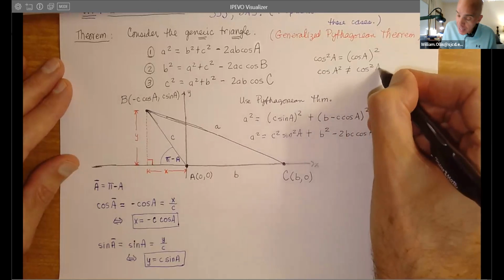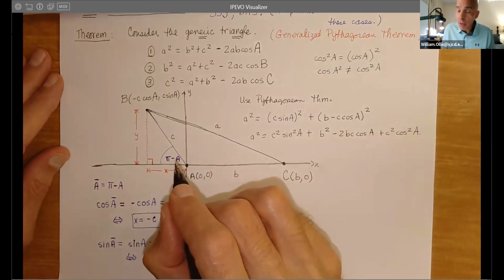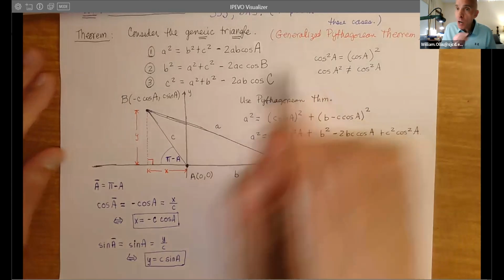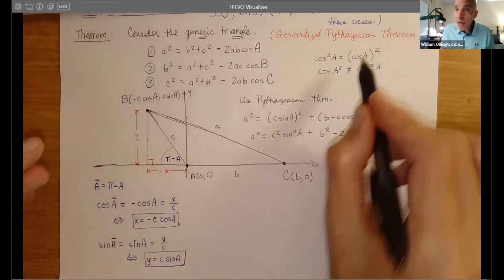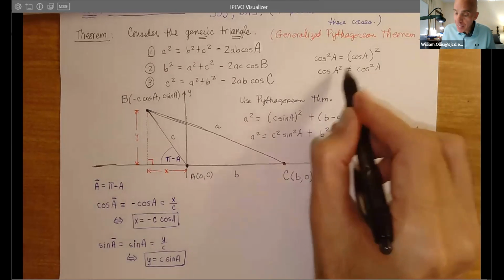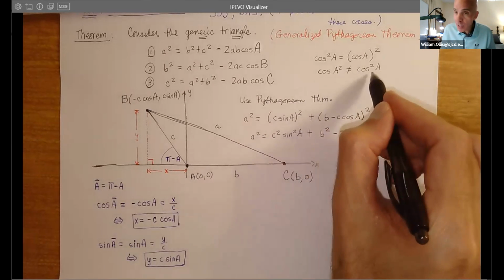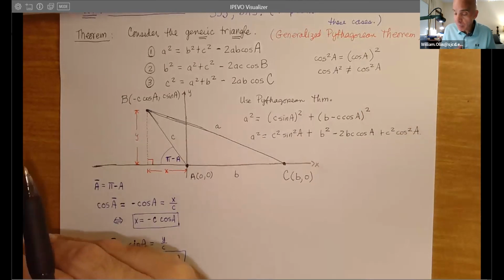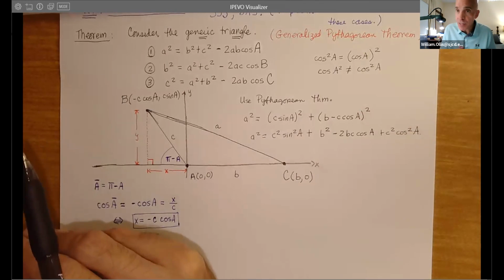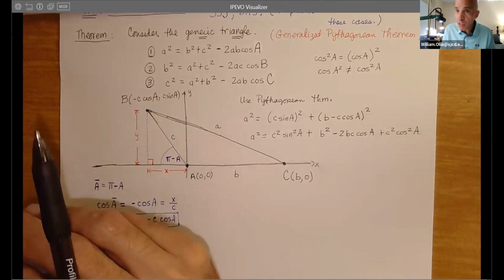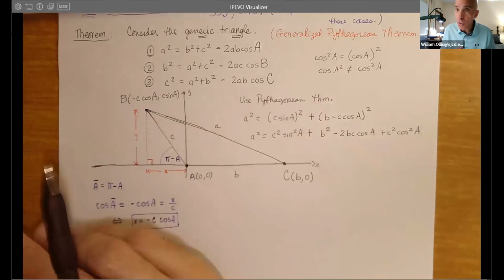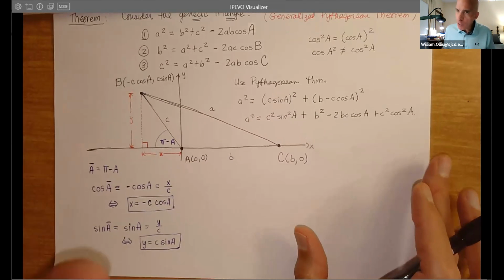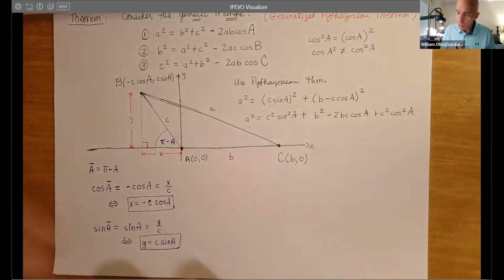So don't make the mistake of confusing these two. When we have the square as a superscript of cos, that means the square of cosine A, the shorthand. This just means what it means, and that's clearly not equal to that. Unless you look at it with special values of A, you can have some equality, but in general this is not true. So be careful with the notation. I know you know it, but it never hurts to review what all the symbols mean.